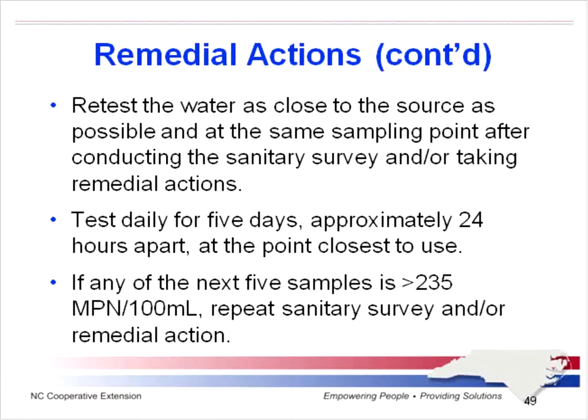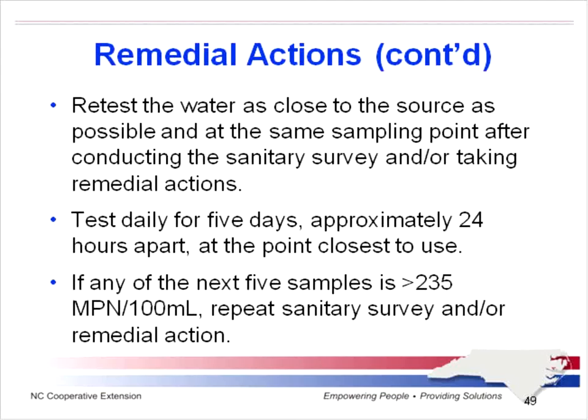Retest the water as close to the source as possible and at the same sampling point after conducting the sanitary survey and taking remedial action. Then you want to test daily for 5 days, about 24 hours apart, at the point closest to use.